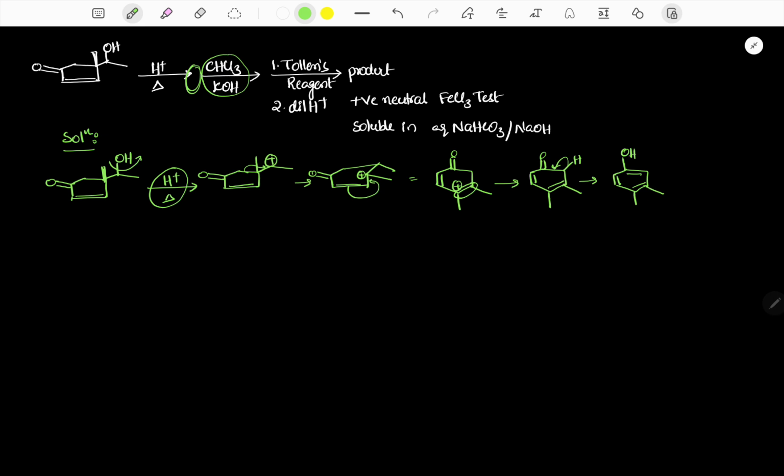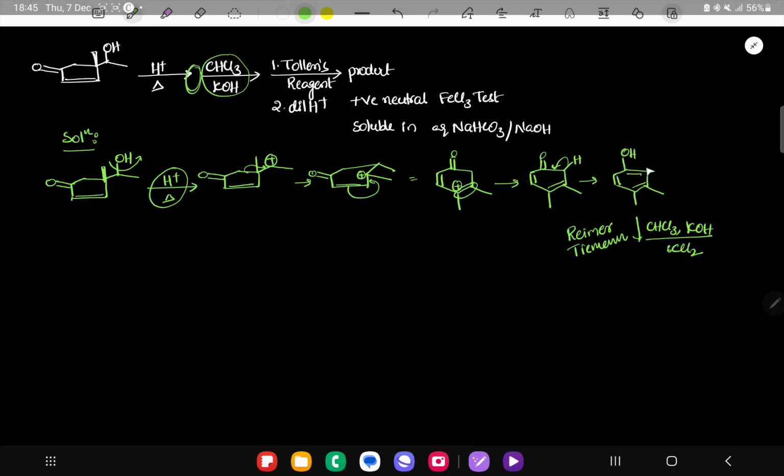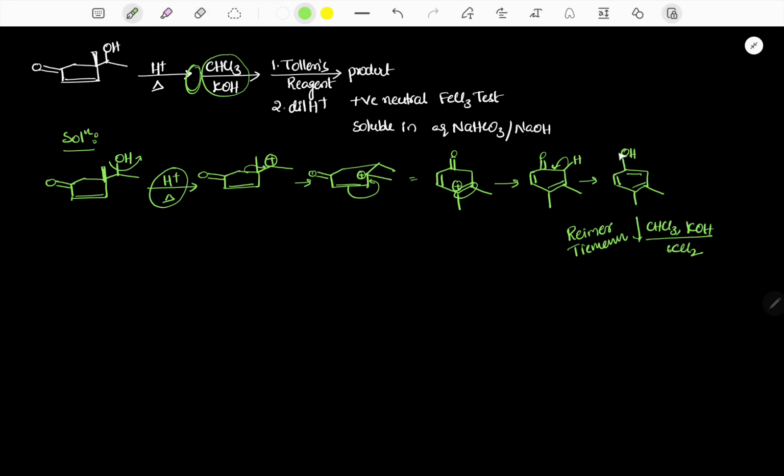It is a phenol. Now phenol is treated with chloroform and KOH. This reaction is known as the Reimer-Tiemann reaction. The electrophile is CCl2. So this is an aromatic compound. The electrophile attacks with respect to OH because it is a plus R group, CH3 is a plus H group and CH3 is a plus H group.